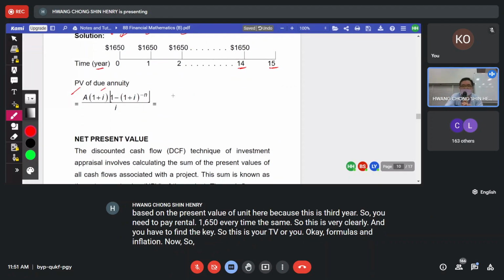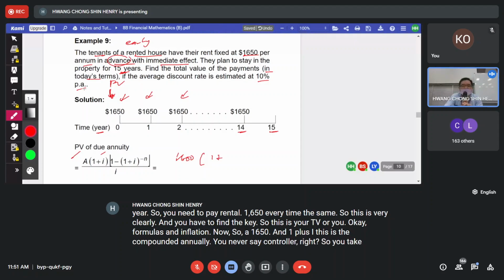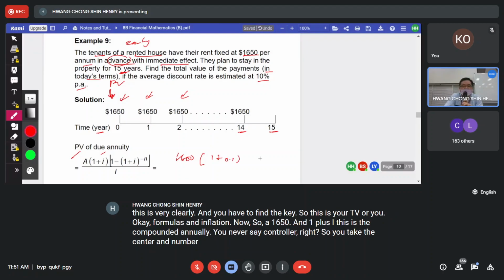So A is 1650 times 1 plus I. This is compounded annually. You never say compound what, right? So you take percent per annum, 0.1, times 1 plus, sorry, 1 minus 1 plus 0.1.